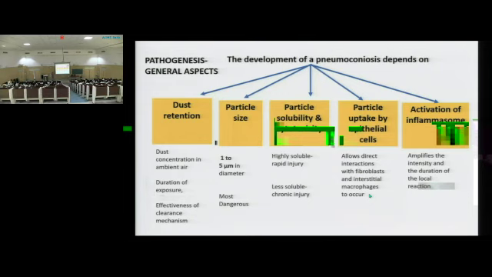Is there any exhaust? Suppose someone is working in an insulating industry, electric fabrication, cellotape making and all that, where they have a small or concealed space. Is there any exhaust so that fresh air will come inside? That also matters. Effectiveness of clearance mechanism also means our own respiratory clearance.